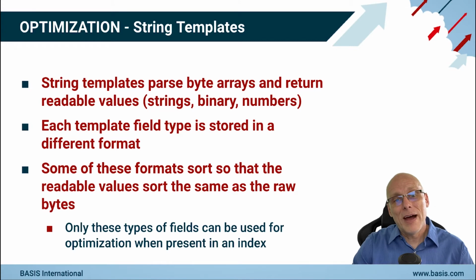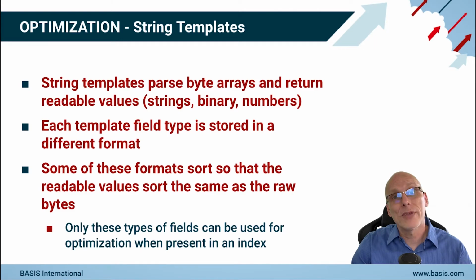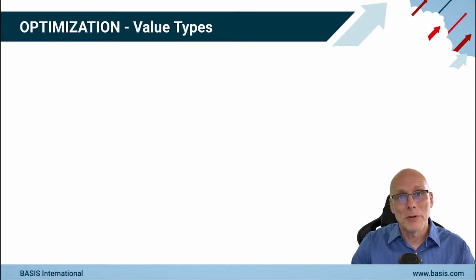If we have a data type that does not sort properly, then the SQL engine is going to say, it's this type of data, therefore I can't use it because I can't guarantee that it's going to sort correctly. Now, you may know that it sorts correctly, but we have no way of knowing that. The SQL engine doesn't know that your data just happens to be sorted properly. And so in order to make sure that we don't return incorrect results, we just say, nope, can't use that for optimization. That can become a problem, obviously, especially if you think that it should provide that optimization for you.